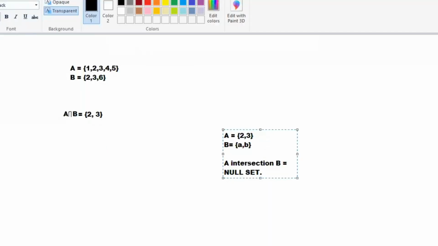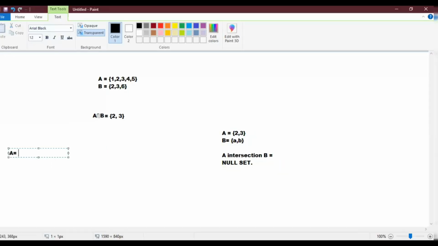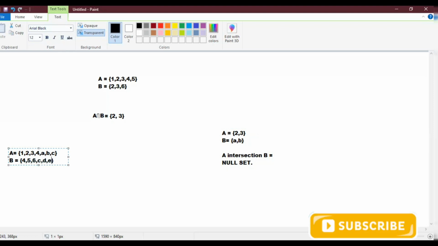Okay, let's see an example. We have a set A equal to 1, 2, 3, 4, a, b, c. And we have a set B that is 4, 5, 6, and c, d, and e.